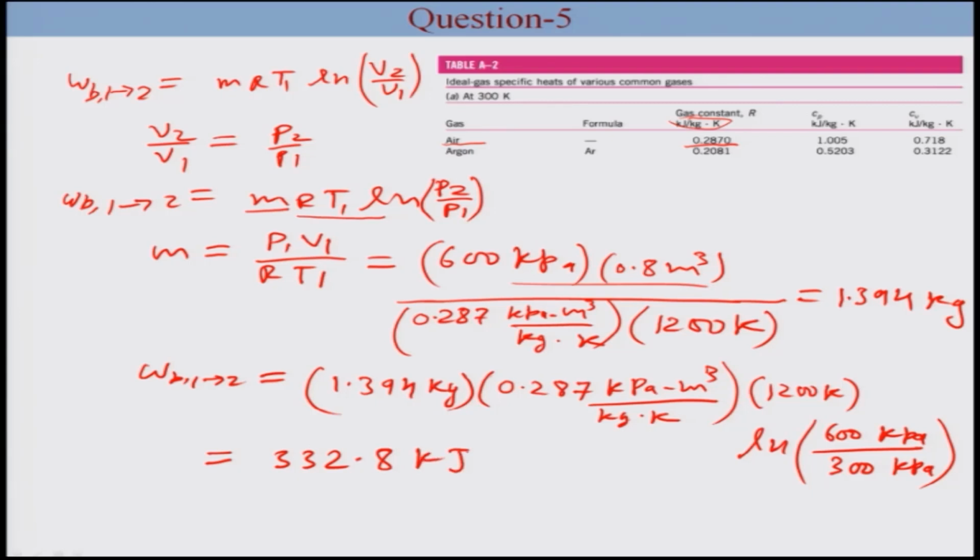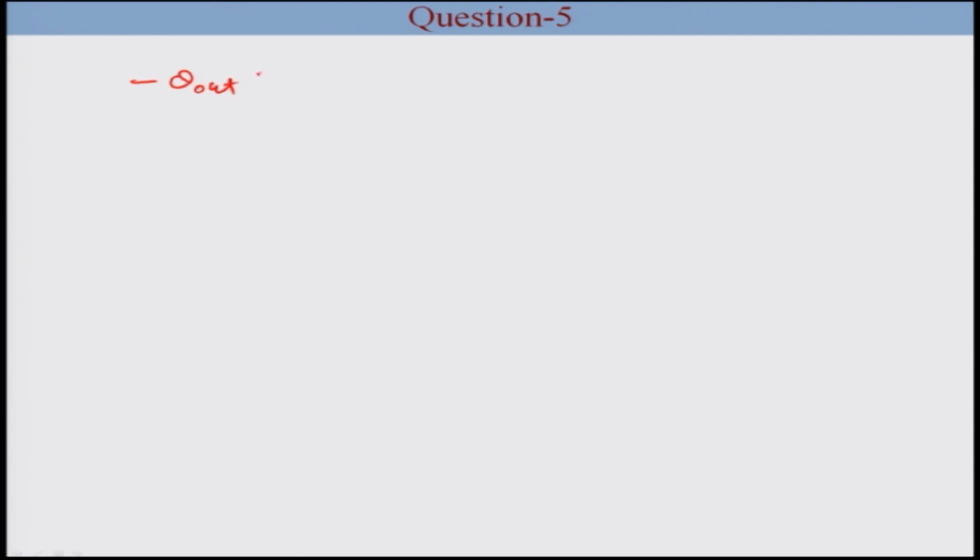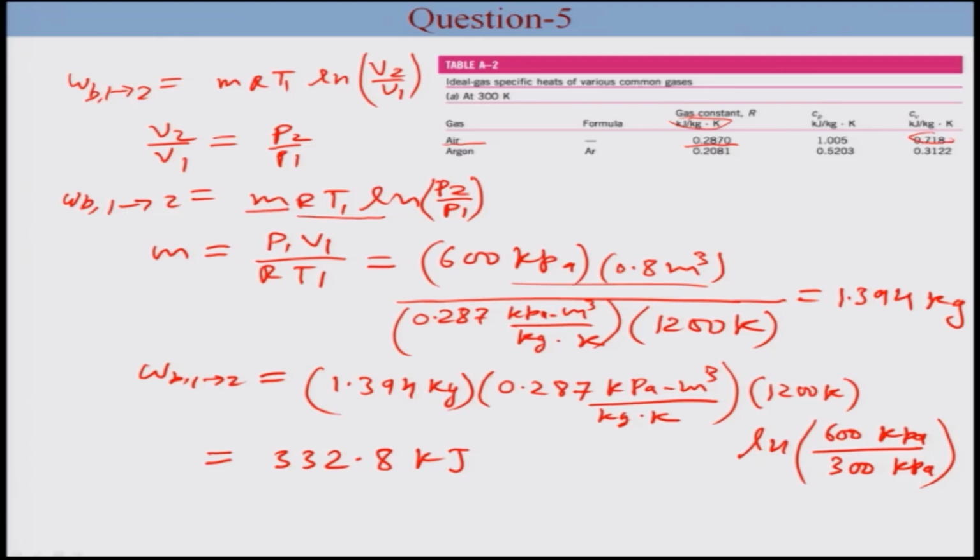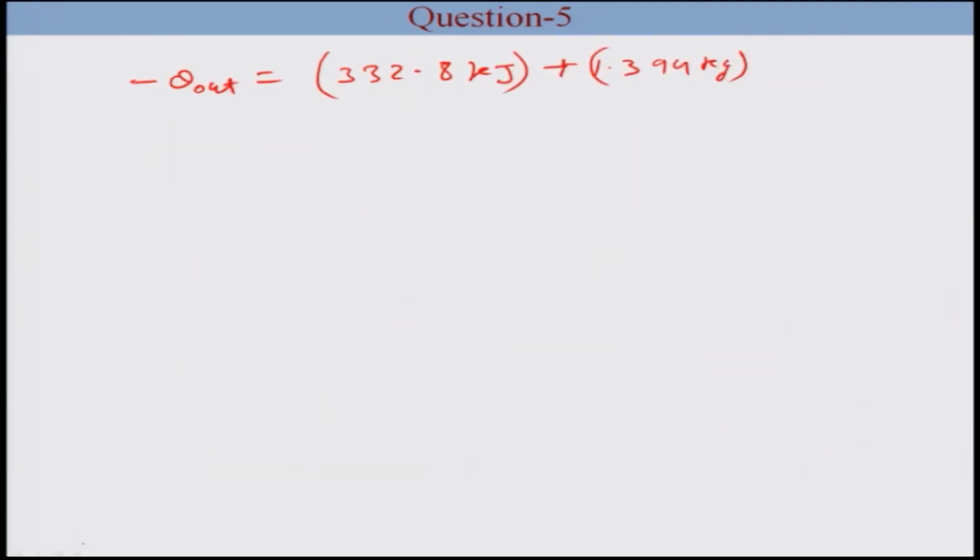Now plugging this value into the energy balance equation, we get minus Q out equal to work done, which is 332.8 kilojoule, plus change in internal energy, m c_v delta T. So m is 1.394, c_v of the air can be taken from the table listed here, 0.718, so that can be used here: 0.718 kilojoule per kg Kelvin, and delta T is 300 minus 1200 Kelvin.